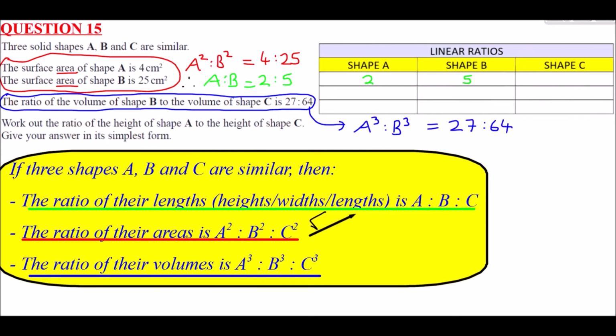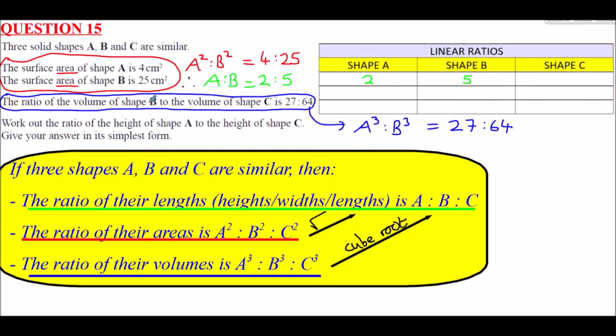And like I mentioned earlier, to go from a volume relationship, which is cubes, to a linear relationship, which is to the power of 1, we do the opposite of cubing, which is to take the cube root. So here we can just cube root the 27 and cube root the 64.